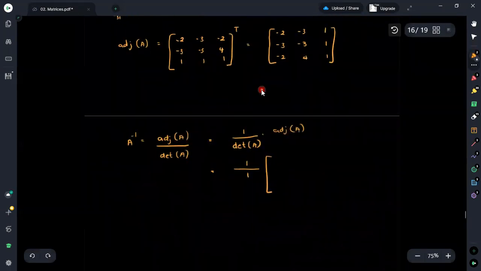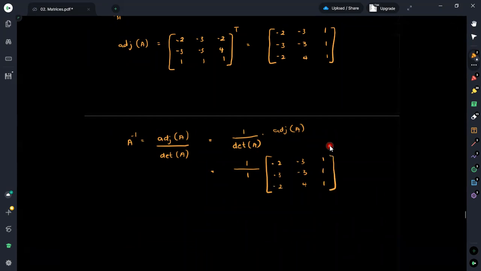The adjoint of the matrix is written in this form: minus 2, minus 3, 1, minus 3, minus 3, and 1, minus 2, 4, and 1. Once you multiply this, 1 over 1 is exactly equal to 1. Therefore, you will get the same answer here.